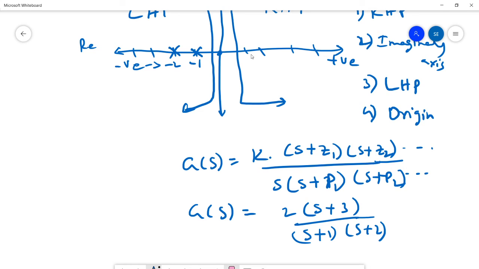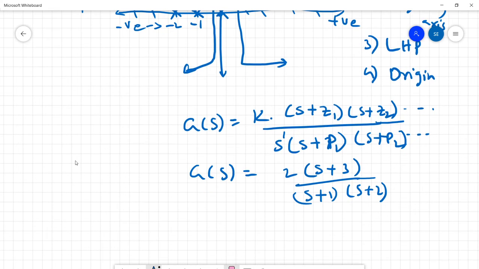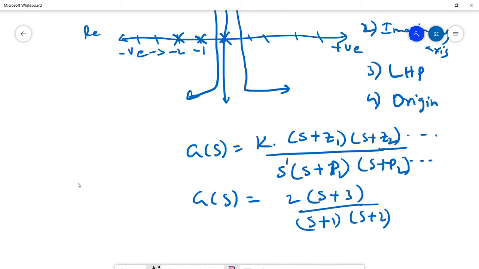Then what if you have a pole at the origin? If S is having power 1, that means there is one pole at the origin. The meaning of this is the system is critically damped. That means the system may reach the stable region or it may go to the unstable region.